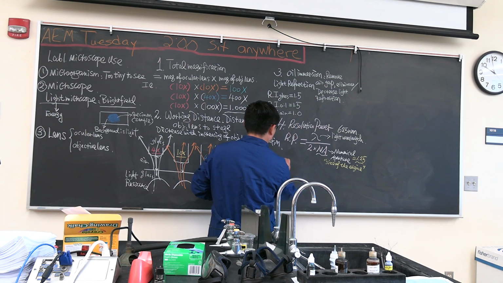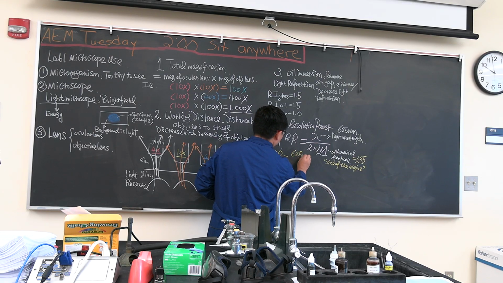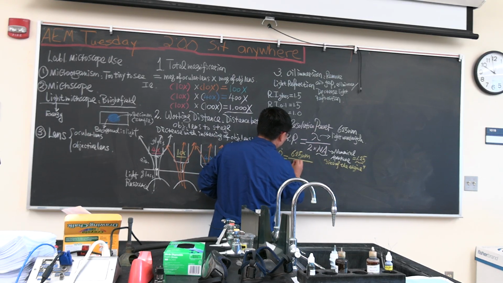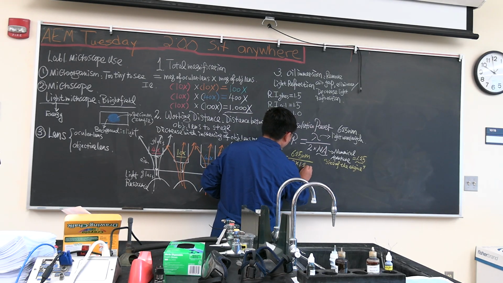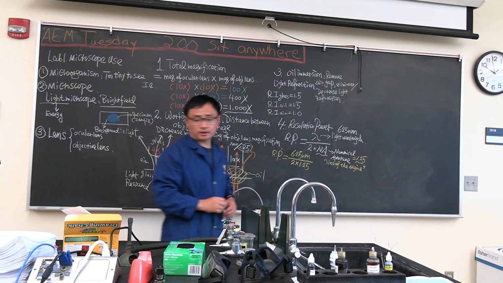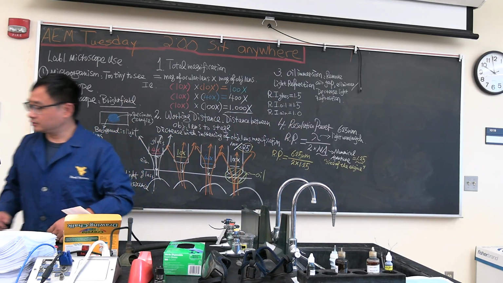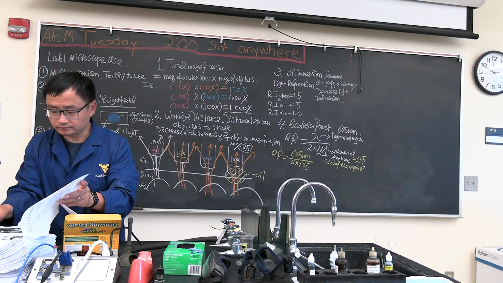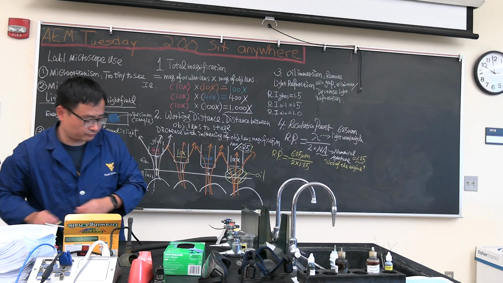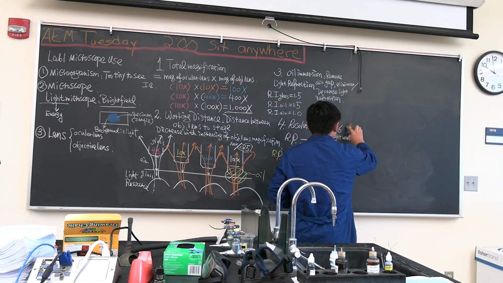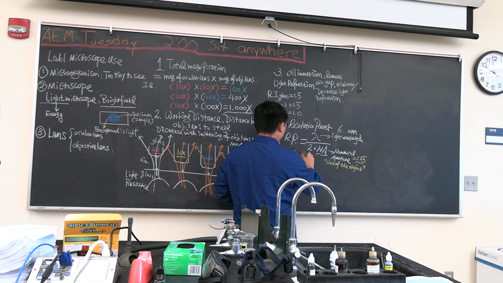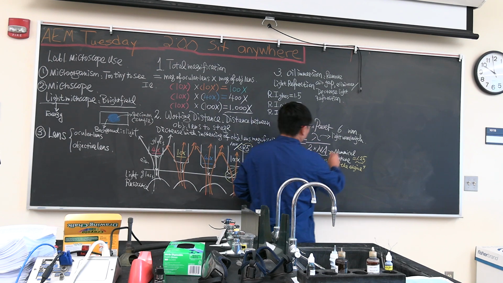So we can do the math. What does the Rp mean? 650 nanometer divided by 2 multiplied by 1.25. Sorry, made a mistake. Haven't taught for a year, forgot.